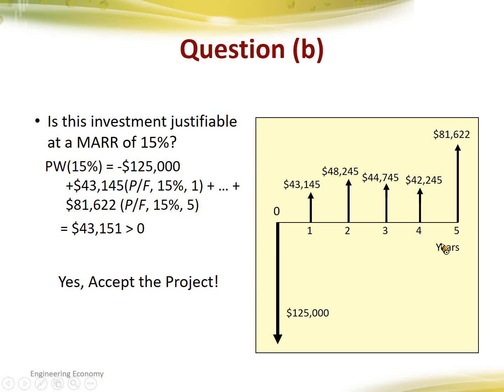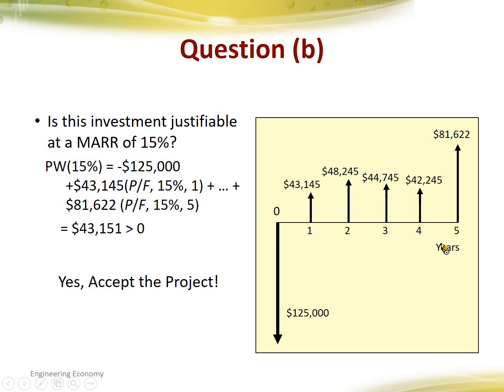Okay, you can interpret the project based on the MARR value. So again, 15% is positive. This is a very big positive number. So chances are we can increase to 20%, it will still be positive. 25% maybe still positive. 30%, I think chances are it will be positive until a point where it will make the present worth equal to 0.